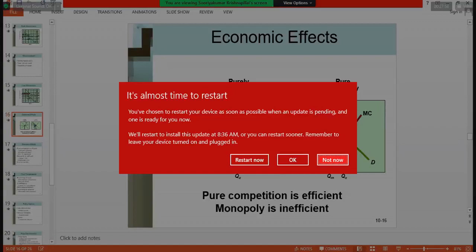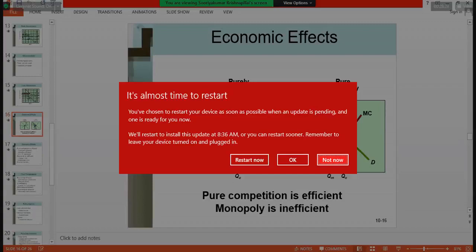But the monopoly is not producing more because it will not give higher profit. If it produces more than QM, it will not get higher profit. If it produces less than QM also, it will not get higher profit. Only at the level QM, where marginal revenue equals marginal cost, does it get maximum profit.